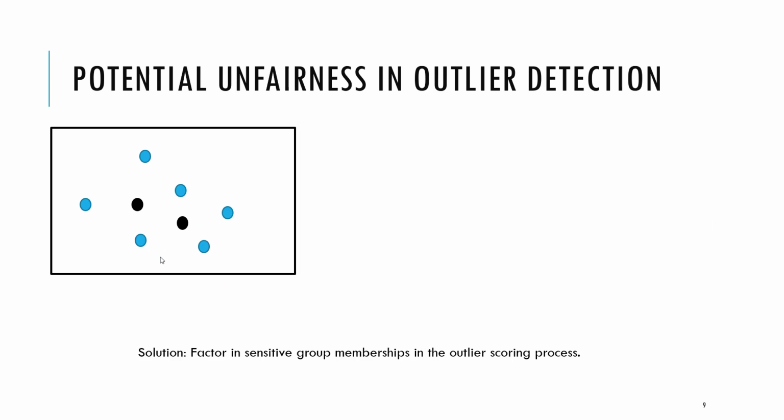So let's look at what could be the potential unfairness in outlier detection. And let us say that you have data about individuals, and let us say that you have a gender grouping, and the gender is represented by using colors here. So let's say black is women, and blue is men.